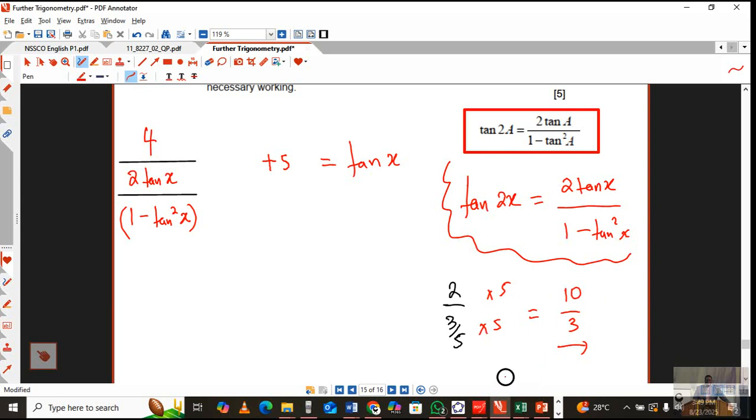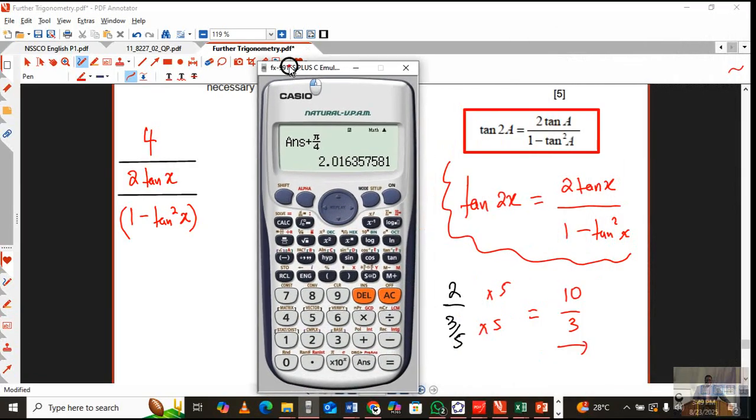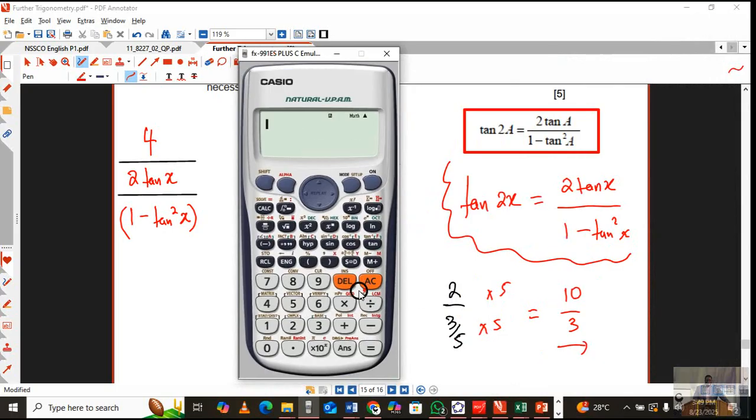It's the same value, I didn't change the value of the thing. It's just a better way of writing it, so you can check that with your calculator. So I'm multiplying top and bottom by the denominator of that. If I have a complex fraction like 2 upon 3 over 5, I'm multiplying here by 5, and I'm also multiplying 1 on top by 5. That's what I did there, and I get my 10 over 3.